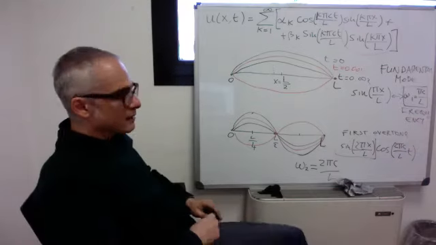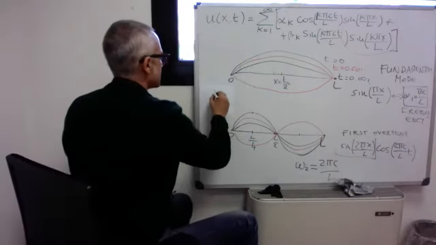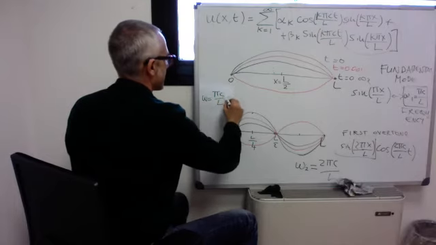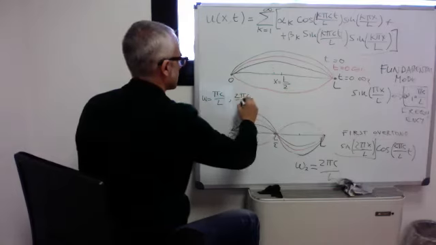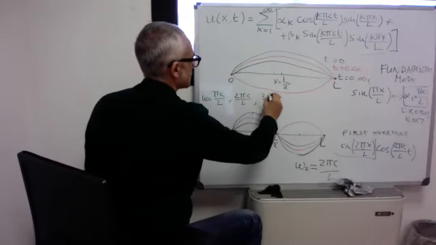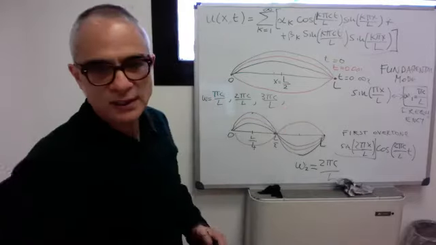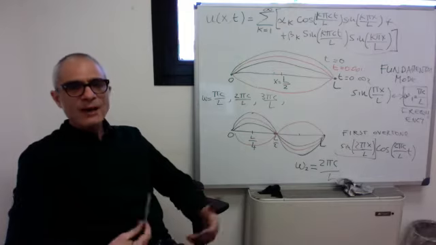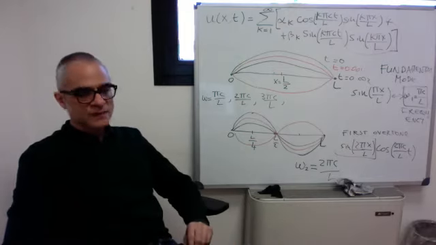And what are they? Well, omega 1 is pi c over L. Omega 2 is twice that. Omega 3 is 3 times that, and so on and so forth. So remember what I told you yesterday. Our ear is a strange thing.